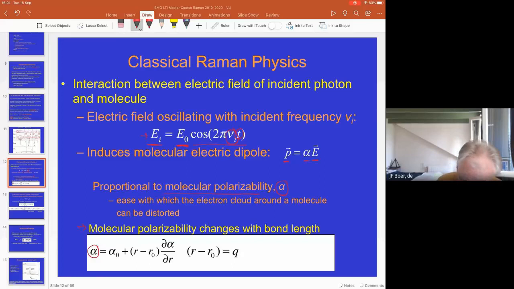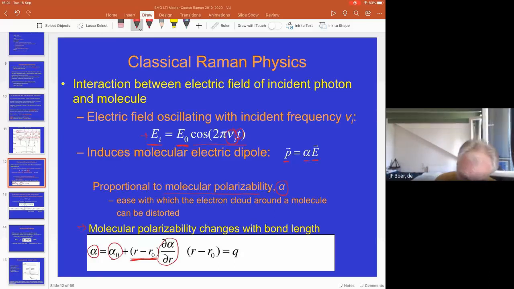It's given by a constant plus the difference in distance from equilibrium times the first derivative of the polarizability with respect to the distance between the two atoms. This is basically a Taylor expansion, the first two terms, of how the polarizability changes with the distance between the two atoms in the molecule.